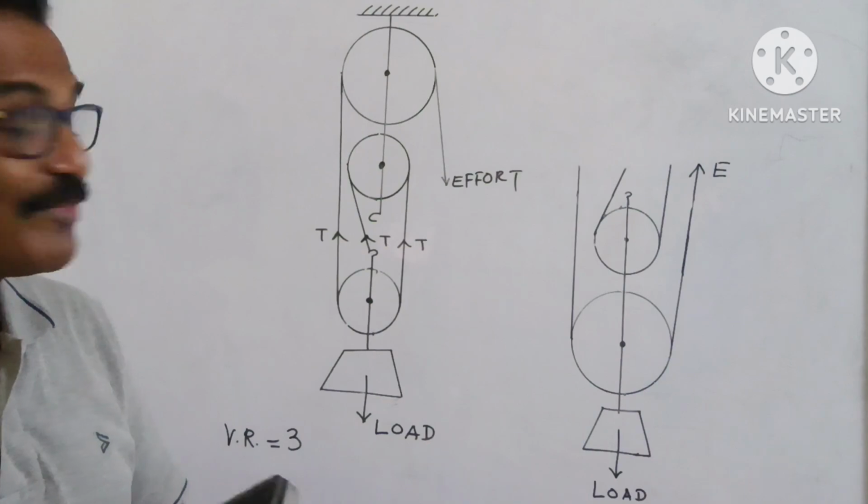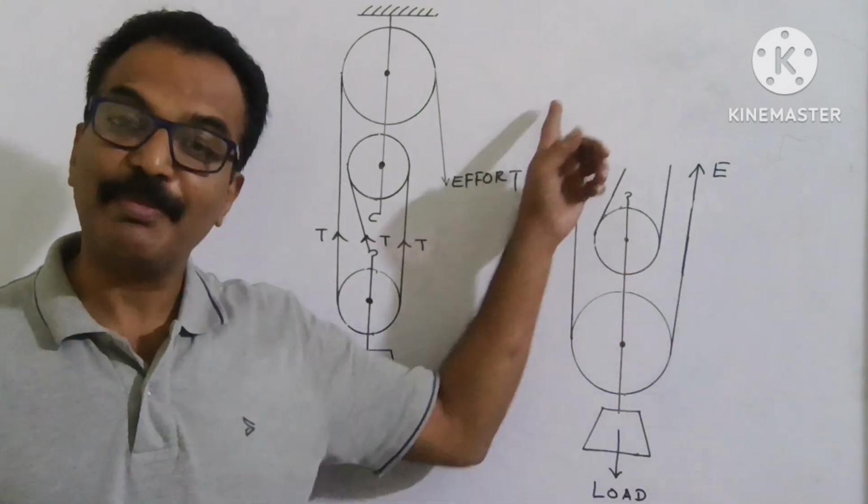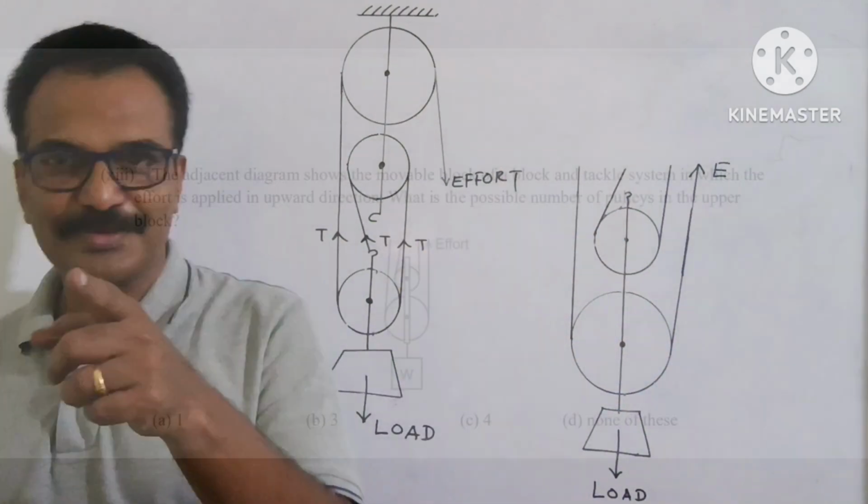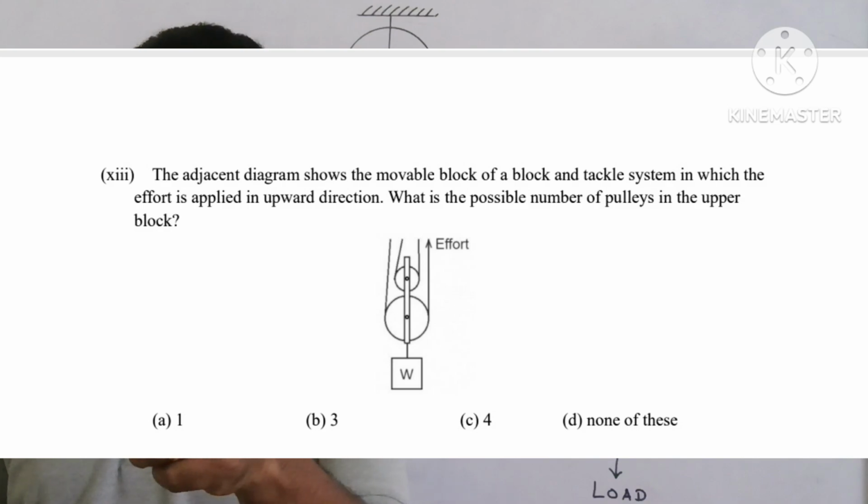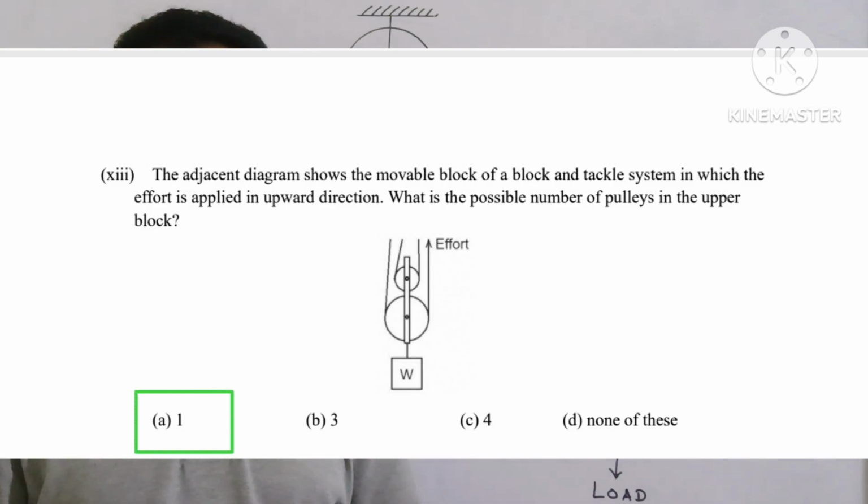So the number of pulleys in the upper block will be 1. Please note the question. Given options are 1, 3, 4, none of the above. So among the options, you can select 1 only.